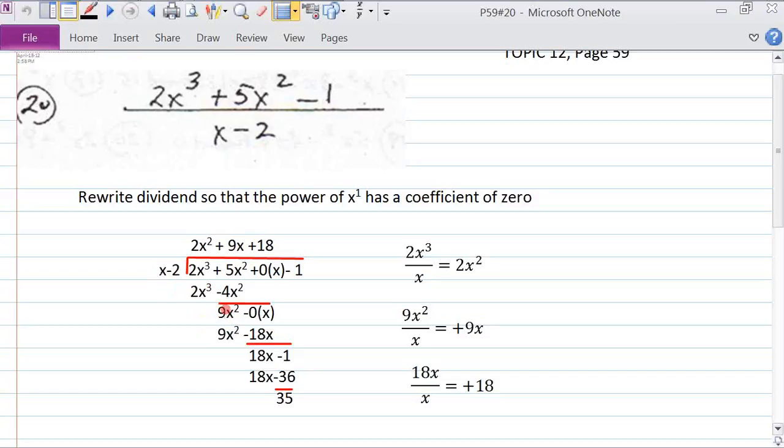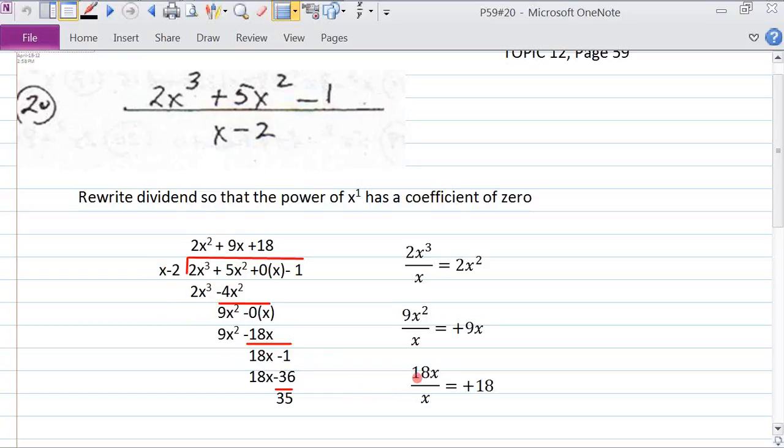So I say 9x squared minus 9x squared gives me 0 here, and 0 minus minus 18 gives me plus 18, and I bring the minus 1 down. So I have 18x minus 1. Now I take the first term here, 18x, and divide it by x.